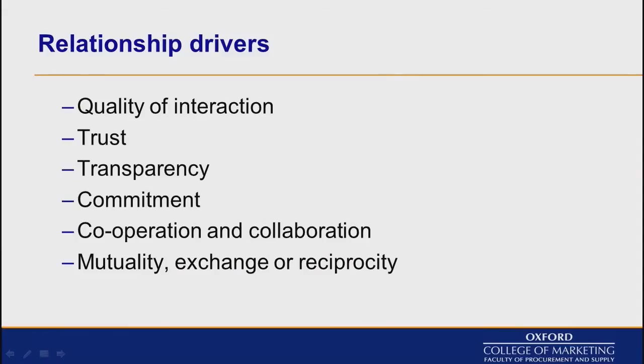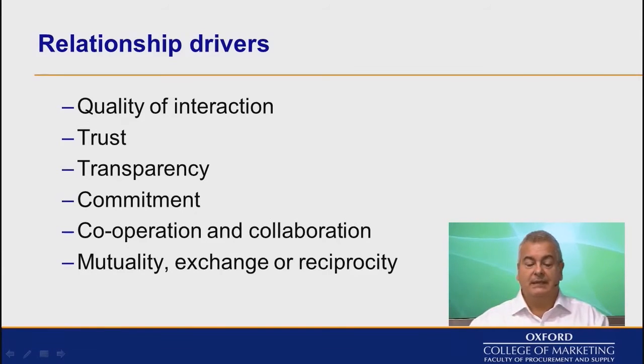So let's now look at some of the relationship drivers that you might have. Again, these are drivers that create a strong and permanent relationship. So quality of interaction in customer relations is almost represented by customer service encounters. The relationship here depends on the supplier's ability to consistently fulfill the customer's expectations and almost to create a positive experience at every single encounter and touch point, whether it's physical or by email or by telephone.